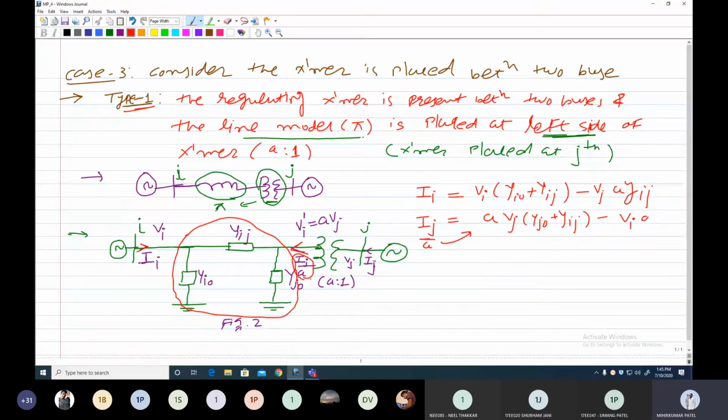Yes, very good. There is no A in the Yij term. Clear?